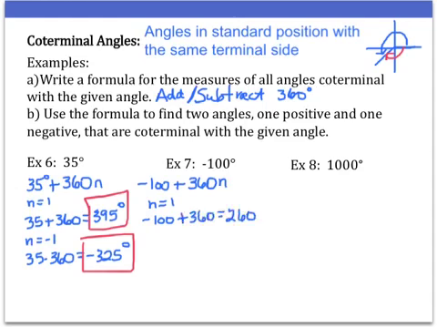So I found a positive. And let's spin it around the negative way once and see if we get a negative angle, and we will. So that's negative 460. Alright, so we found a positive and a negative for this one.